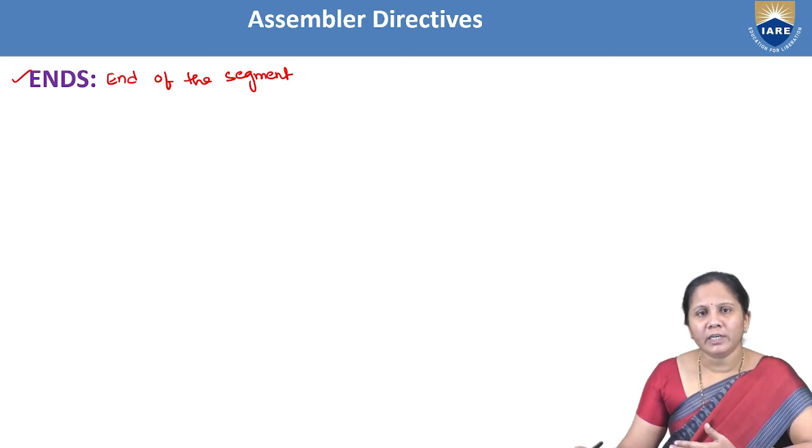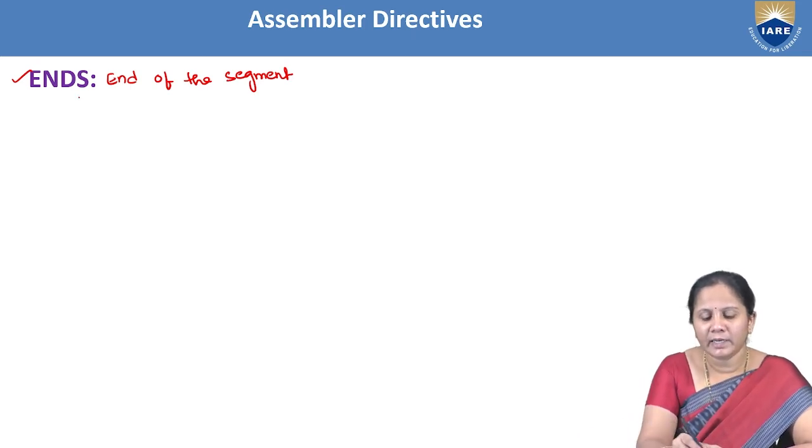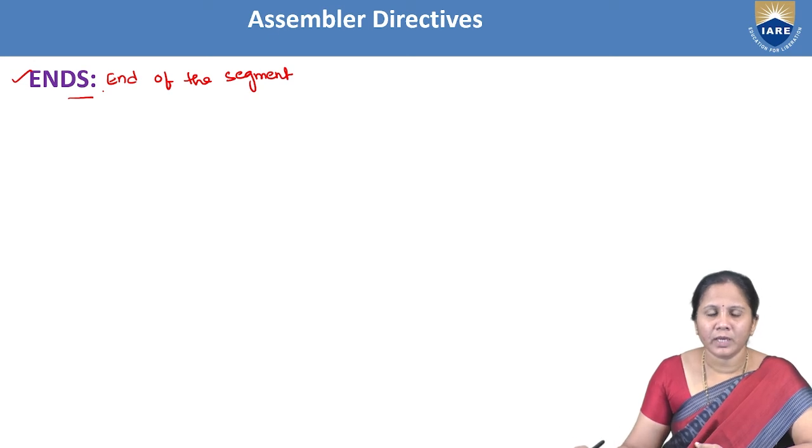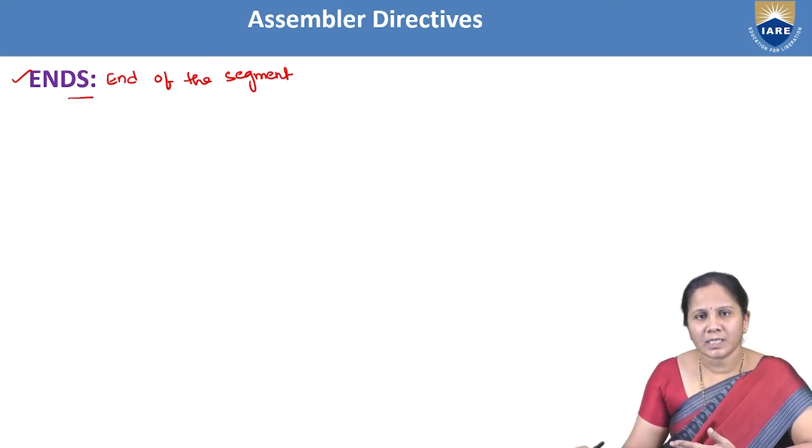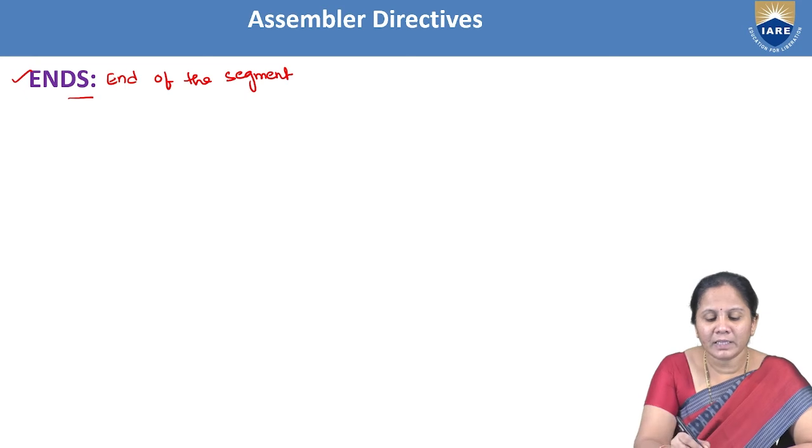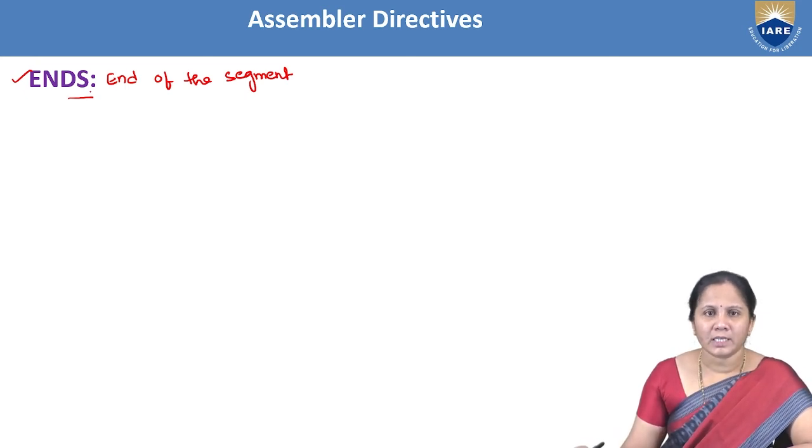After writing the code related to that logical segment, at the end of that segment we compulsorily have to write ENDS. Starting will be the logical segment initialization, then some lines related to that segment, and at the end you have to write ENDS. For each segment used in the program, after its completion you have to end that segment by writing the assembler directive called ENDS.